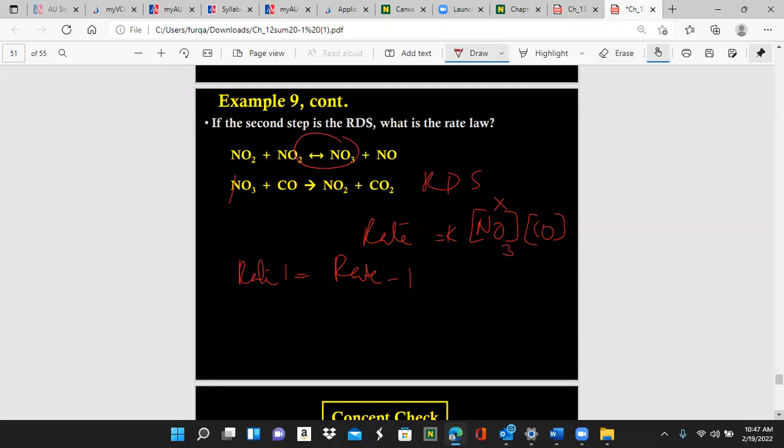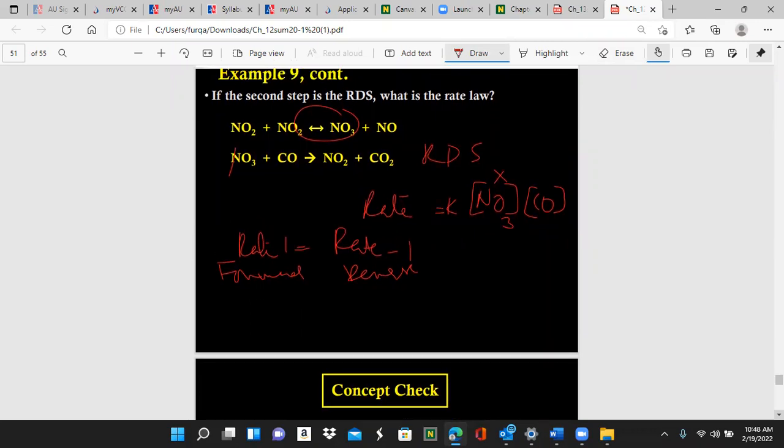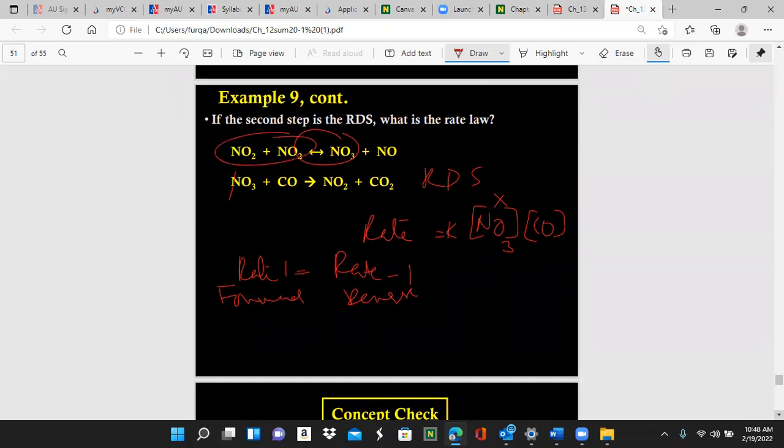So if we write it down, for the top one, that's going to be K1 over NO2 squared, because it's the same thing multiplying there.